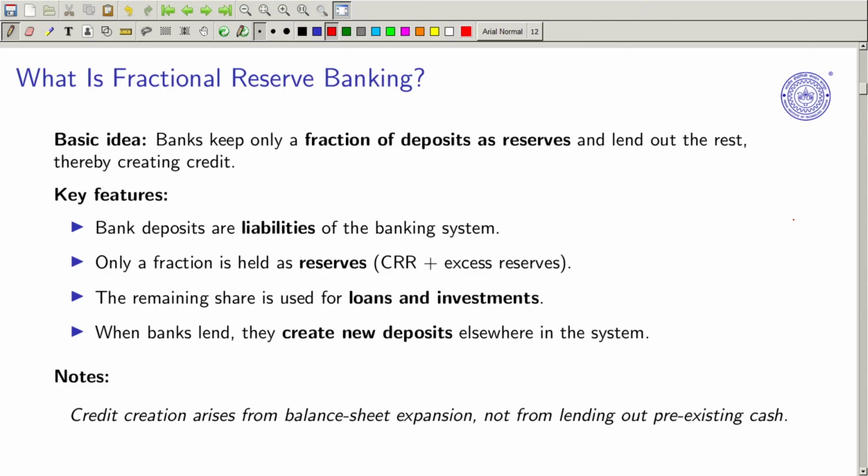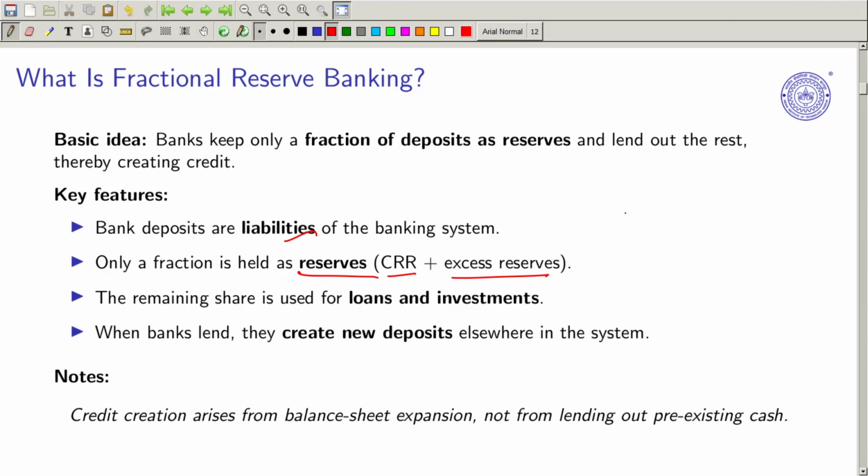Now, as you know, we have already discussed the balance sheet, so you must be familiar with this statement, that deposits are the liabilities of the banking system, and only a fraction of reserves is held, so maybe the CRR and excess reserves, right, and the rest they can lend. What is the purpose here?